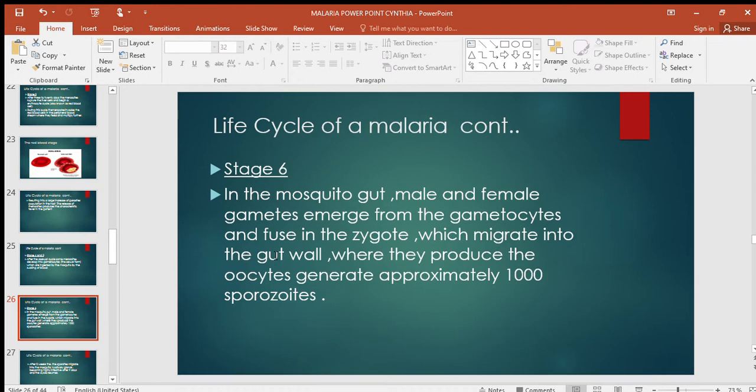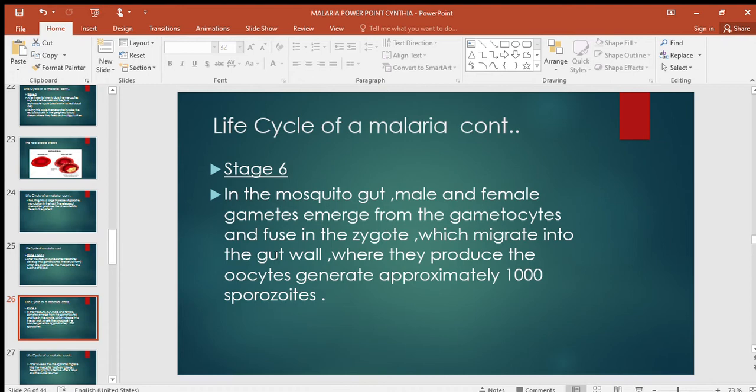This is the mosquito that had fed on the person who is infected with malaria. By feeding on the infected blood, the blood contains the gametocytes, the female and the male gametocytes.